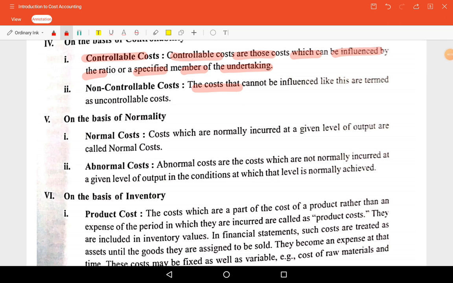Some cost can be controlled, for example a particular labor. Instead of having 4 people to work, if he has taken 3 workers only for a particular job, he is controlling one person's labor cost.